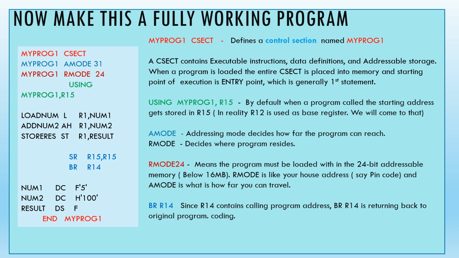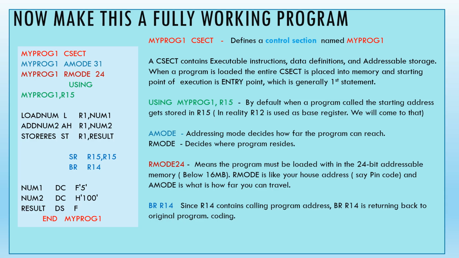So when a program gets loaded into memory, the entire CSECT gets loaded. Understand that whether it is instructions or data definitions, everything that is part of this particular CSECT all gets loaded into the memory space.